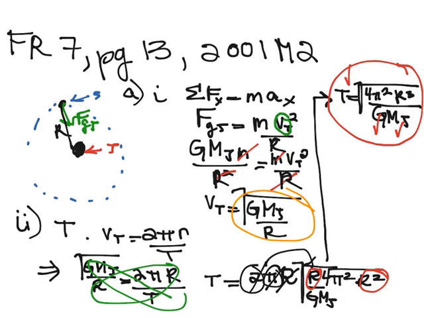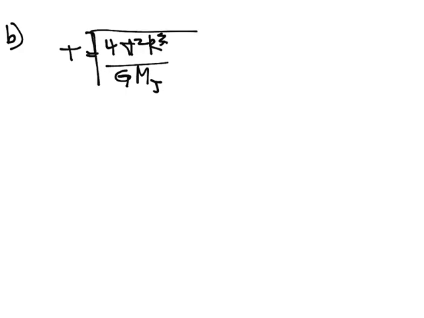Okay, so I'm going to go ahead and write this equation one more time. We have T equals the square root of 4 pi squared r cubed divided by G M, and that's M Jupiter. The thing we want to probably do first is solve for r.